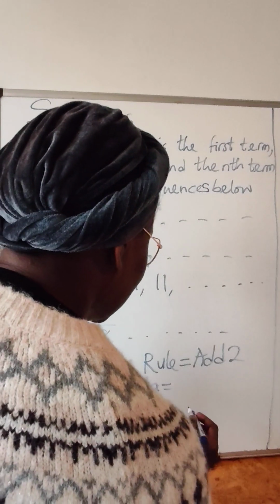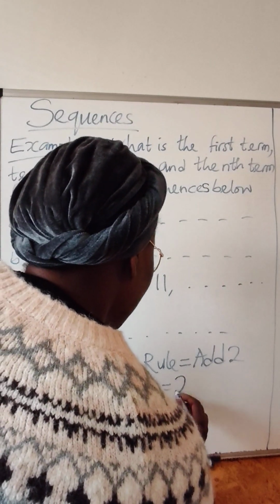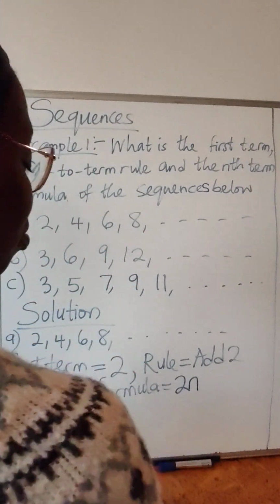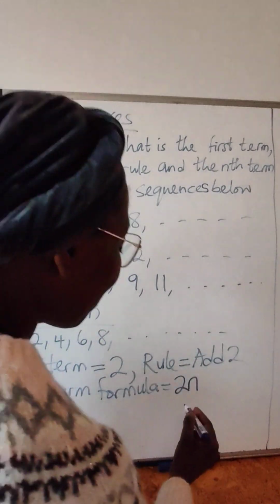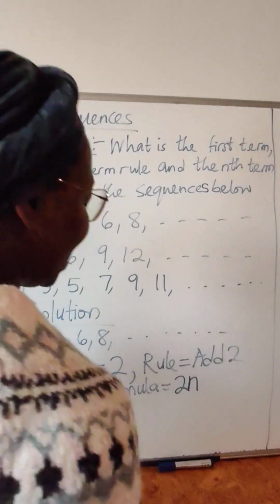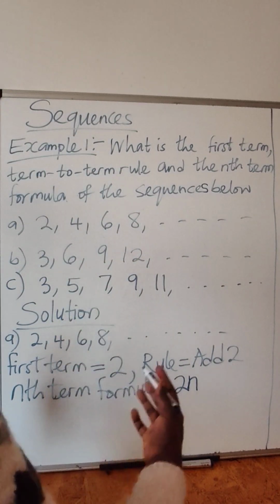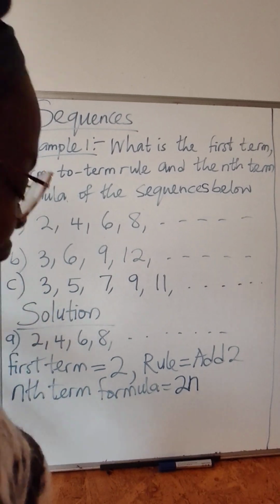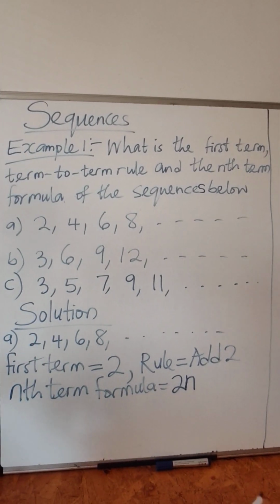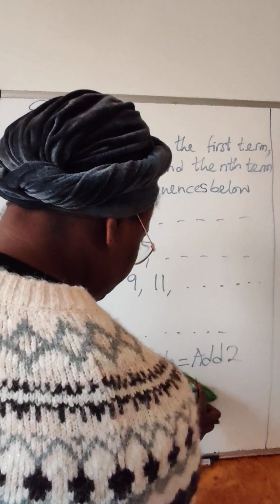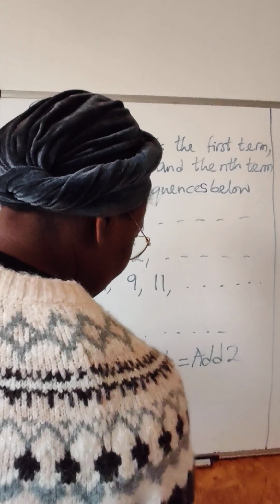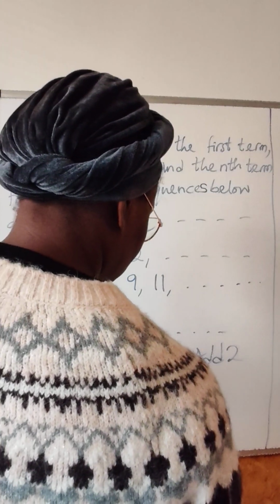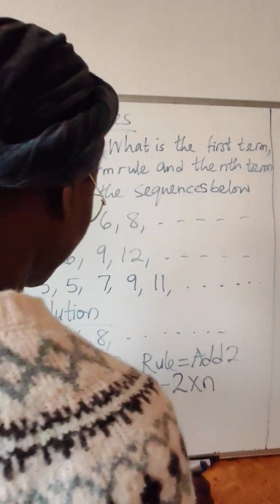So what we write is the rule multiplied by the small letter n. If you multiply 2 by small letter n, you get 2n. That is, 2 multiplied by n, which is 2n.